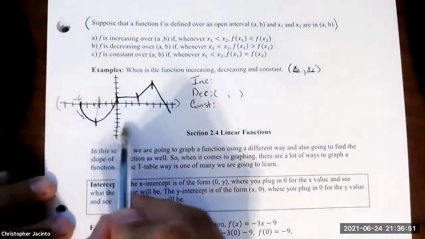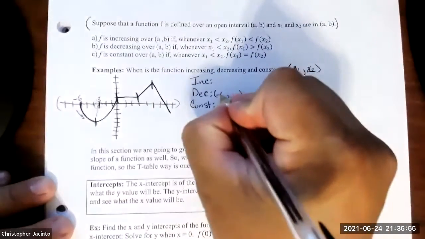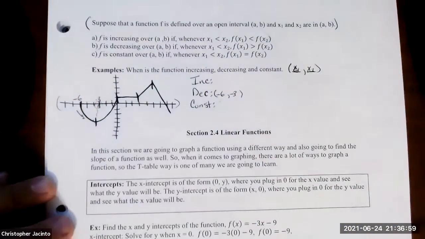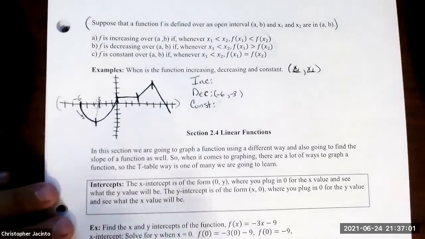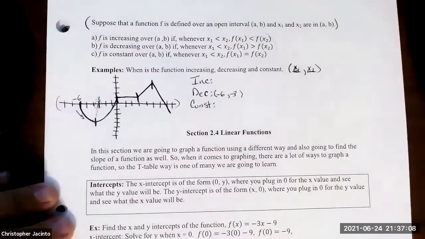Remember, we're not looking at the y's. It's always on the x scale. So from -6 to -3, it is strictly decreasing. Any questions on how we got the interval? Okay, and let's keep going.